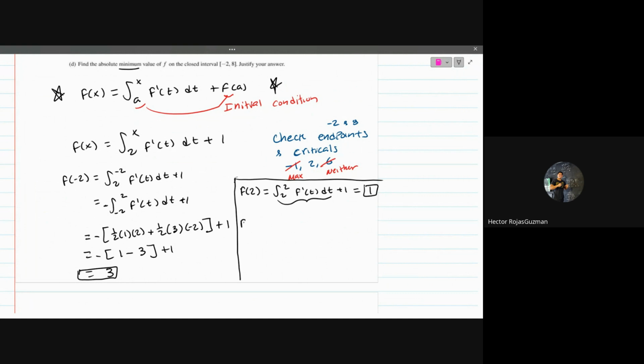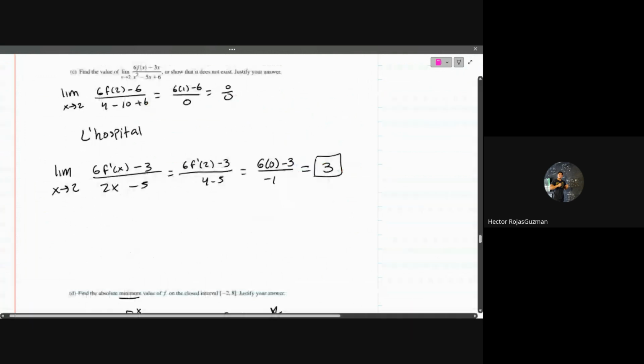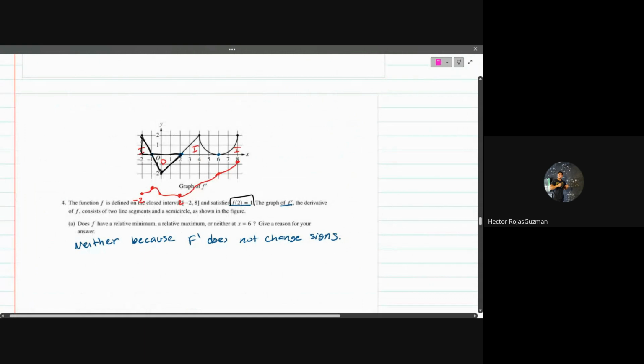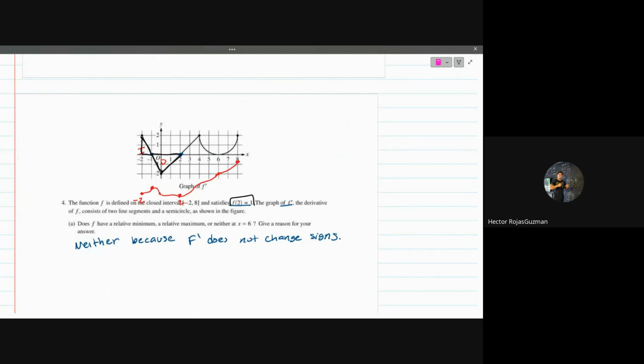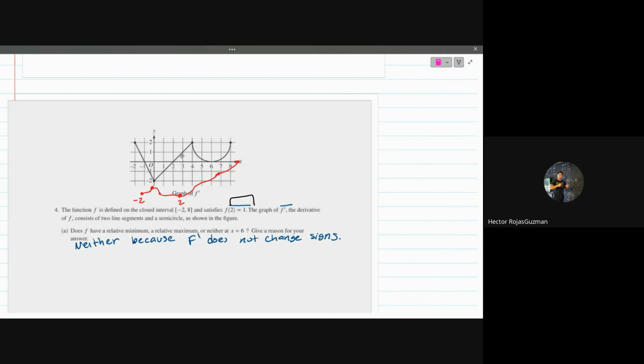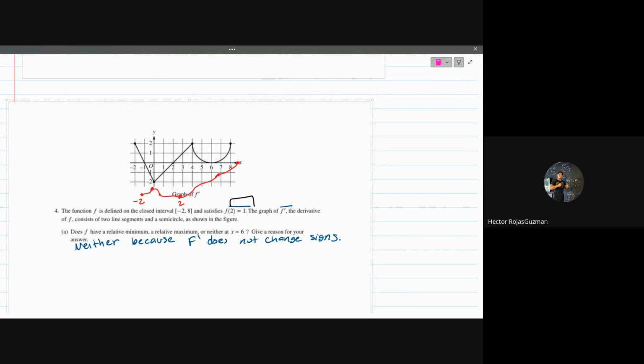Okay, finally, f of 8. The integral from 2 to 8 of f prime of t dt plus 1. And right here, it's going to get a little tricky. From 2 to 8, we have a triangle, and then we have this half circle.